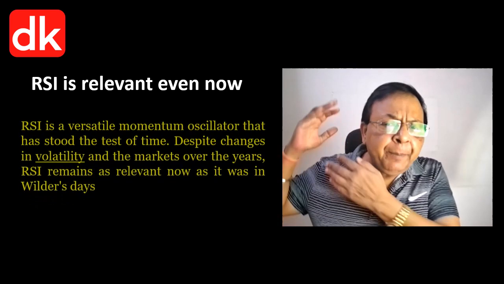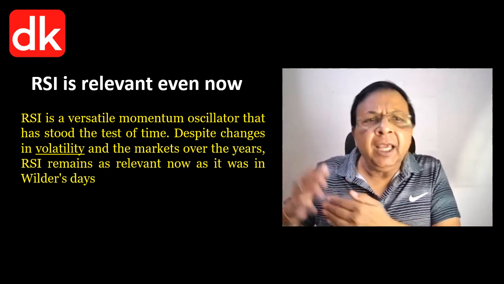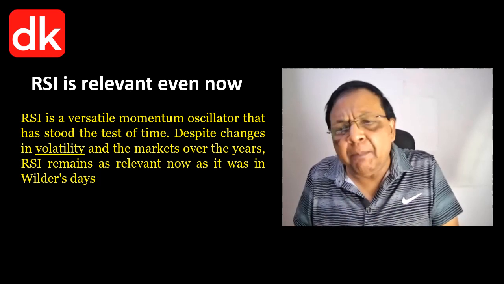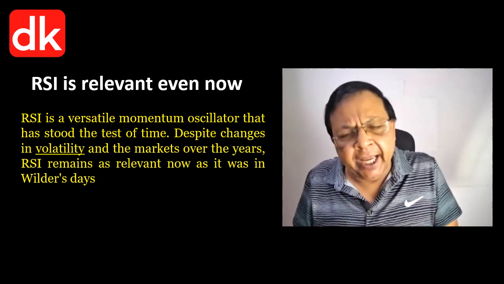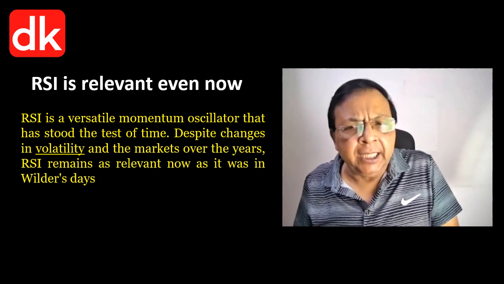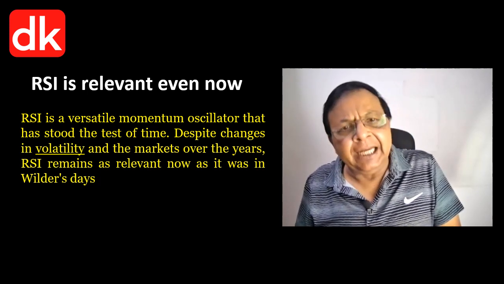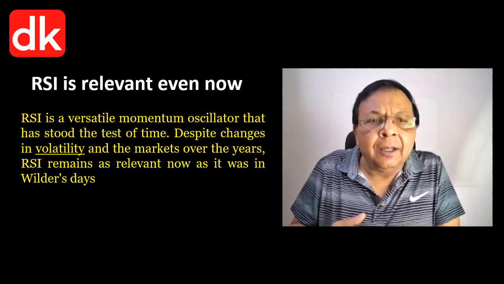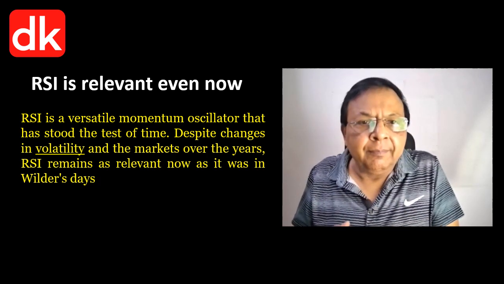Over the period of time, RSI has proven to be a very versatile momentum oscillator, and it helps us to enhance the accuracy in our technical analysis. So it has stood the test of time.